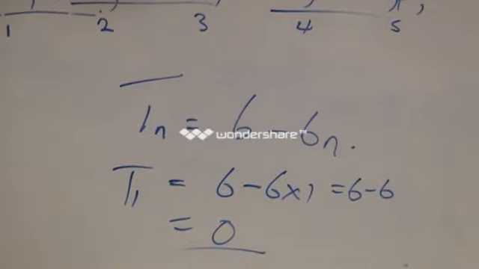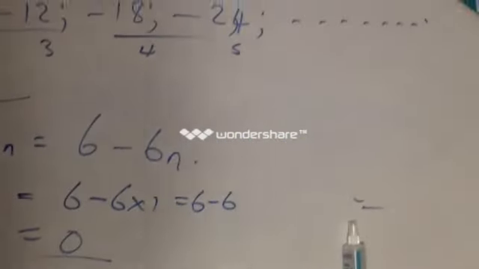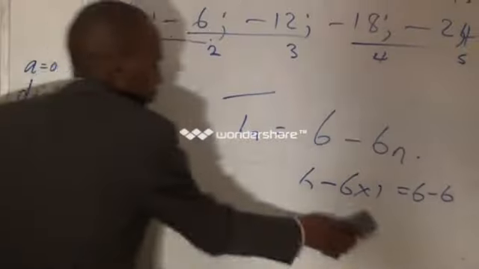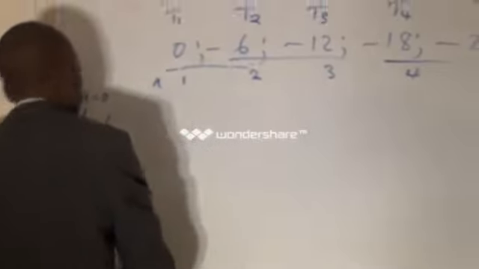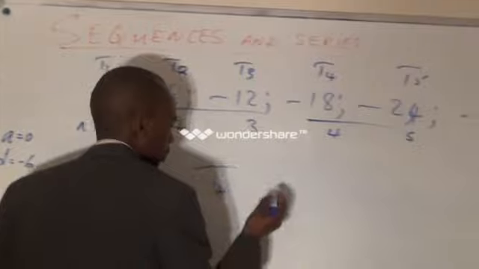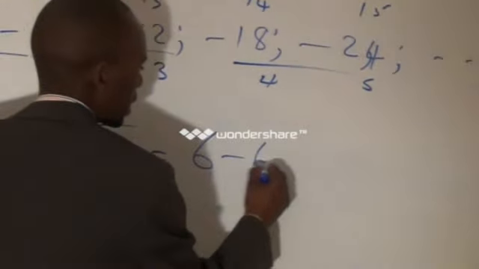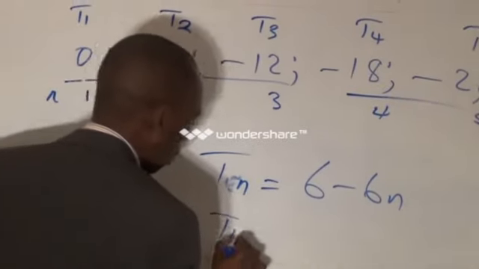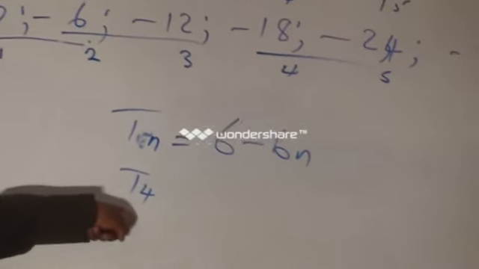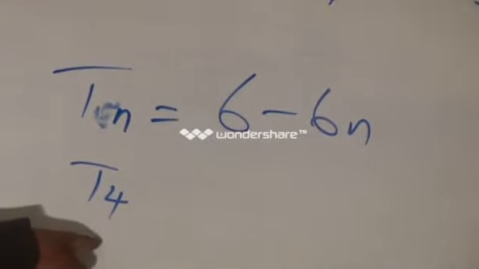Let us take another term. Let's take T4, the fourth term. We know that in general, Tn in this case is 6 minus 6n. So T4, my question to you guys, what is n equal to now? 4.